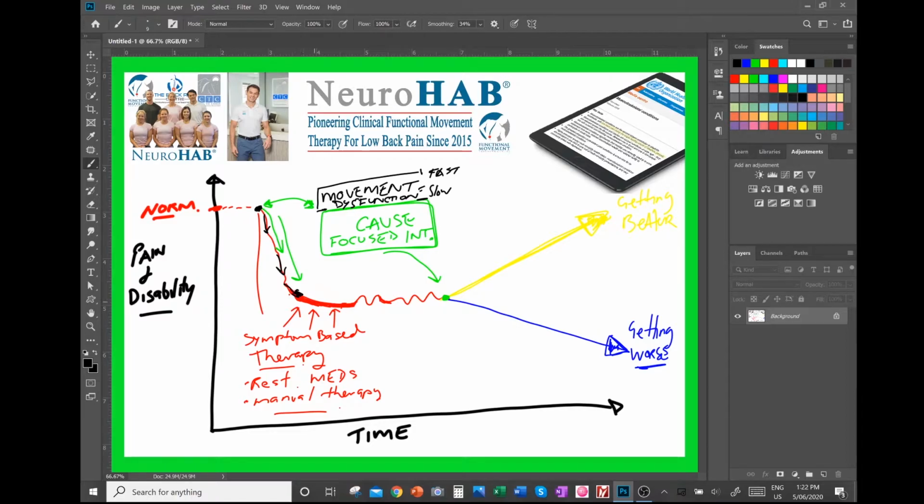Okay, and when you throw in these symptom-based treatments, they can allow you to have these slight improvements in symptoms. But eventually, if you do not eliminate the cause, you're going to head in this direction.